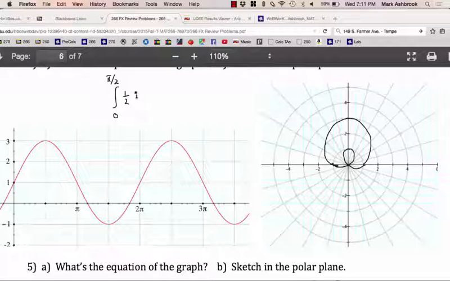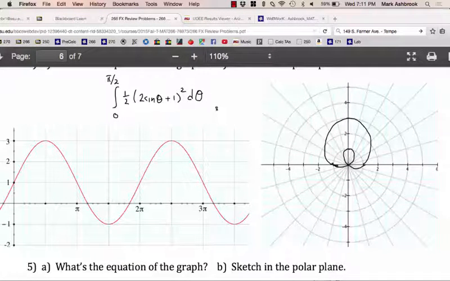What function was this again? 2 sine theta plus 1. What area would that give us? Right side of the function. Yep, it's on the right side.